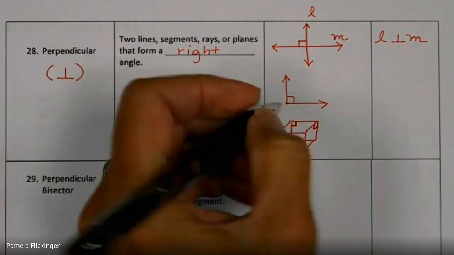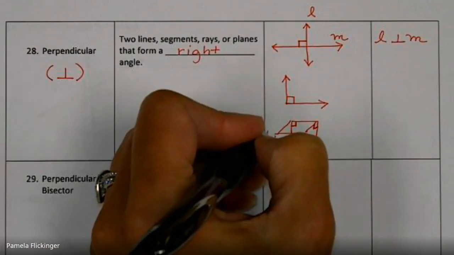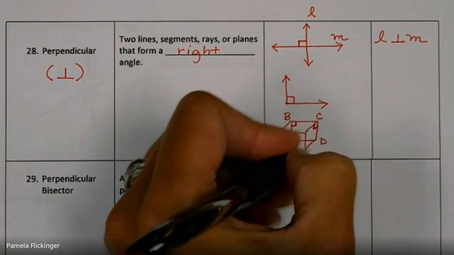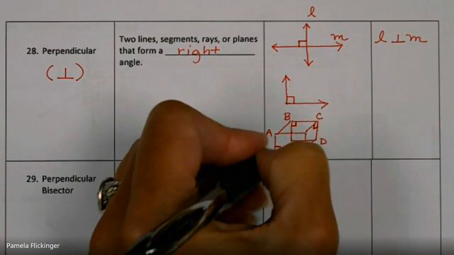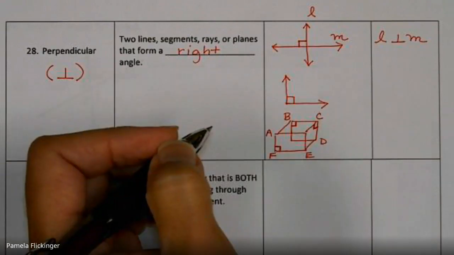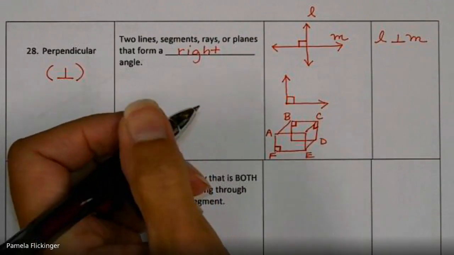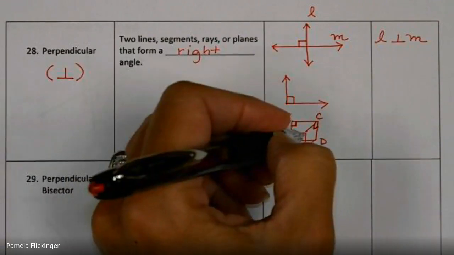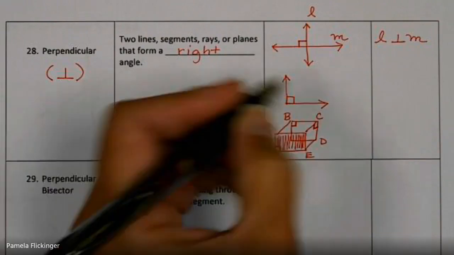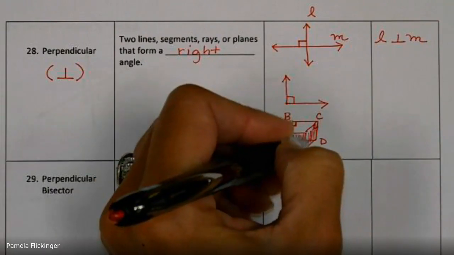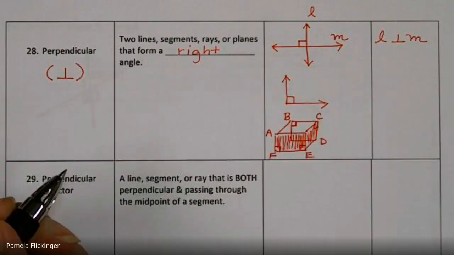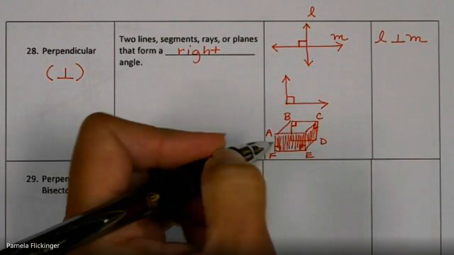Okay. Now let's name these. Let's go around. So we've got A, B, C, D, E, F, and actually that's enough letters. So if I want to focus on this front face and the side face, I know that they are perpendicular, that is a right angle right there.